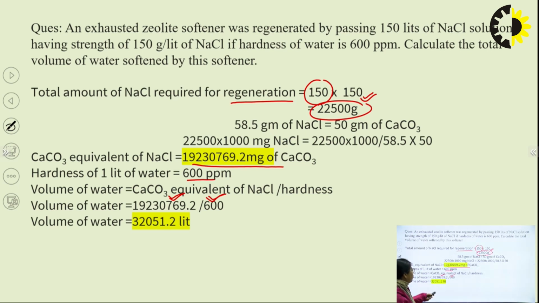So the volume of water is going to be 32051.2 liters of hard water. So this much water was passed, and this amount of hardness was produced in the zeolite softener, for which we required so many grams of NaCl.